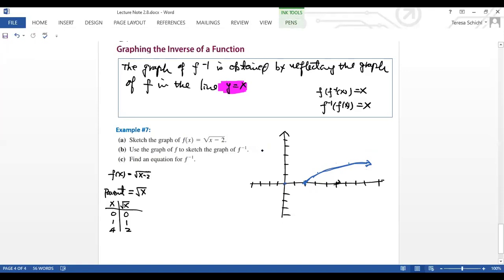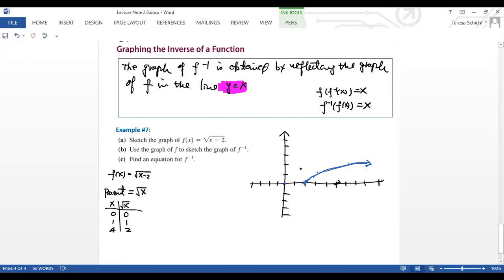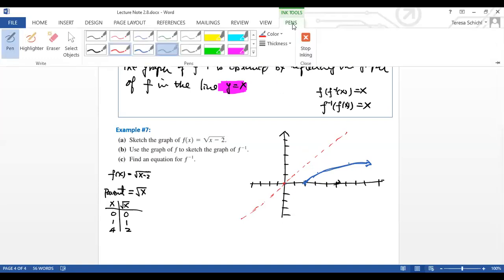Okay, so now let's try to find the inverse. The inverse, remember, is reflecting over y equals x, so it's reflecting over this axis, right? This is a diagonal, divided at 45 degrees. So my f inverse will be this. Take a look here.